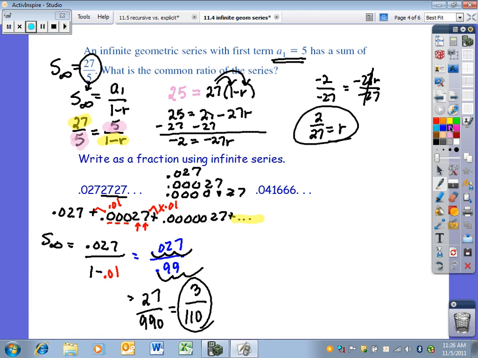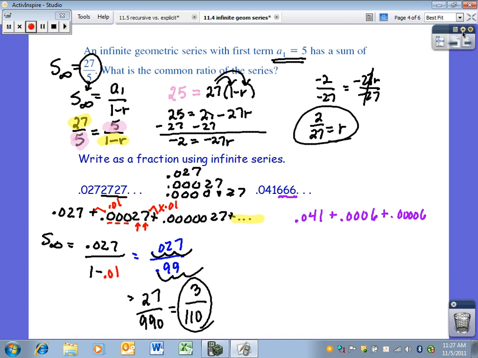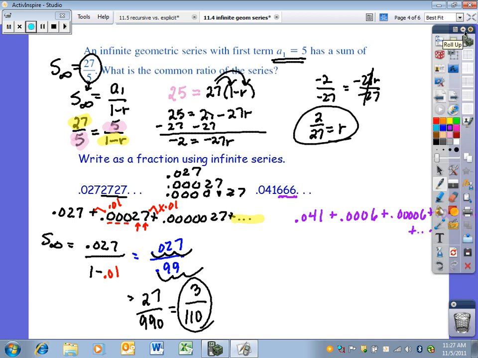Let's try another one. Here's where it starts to repeat at those 6's. So I write down the first part, 0.041, plus, I need to fill in 3 decimals, 6, plus 4 decimals, 6, plus 5 decimals, 6, plus, etc. Is my series infinite?